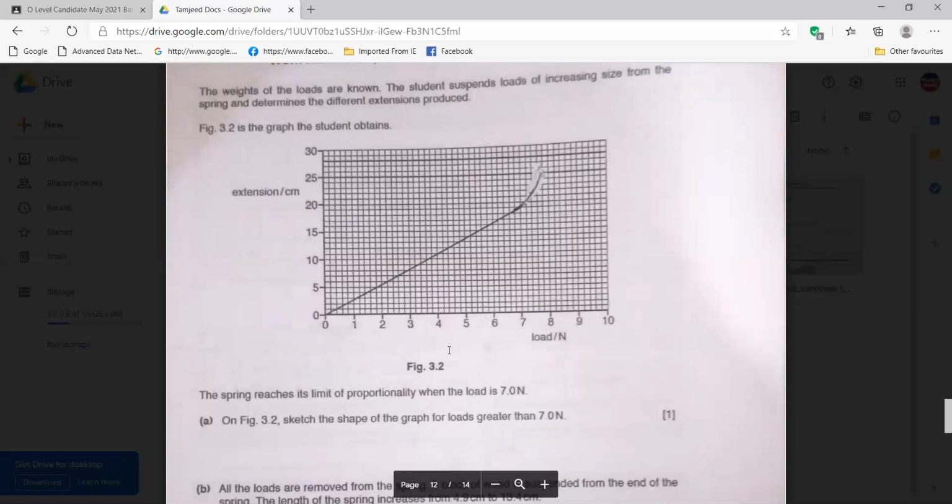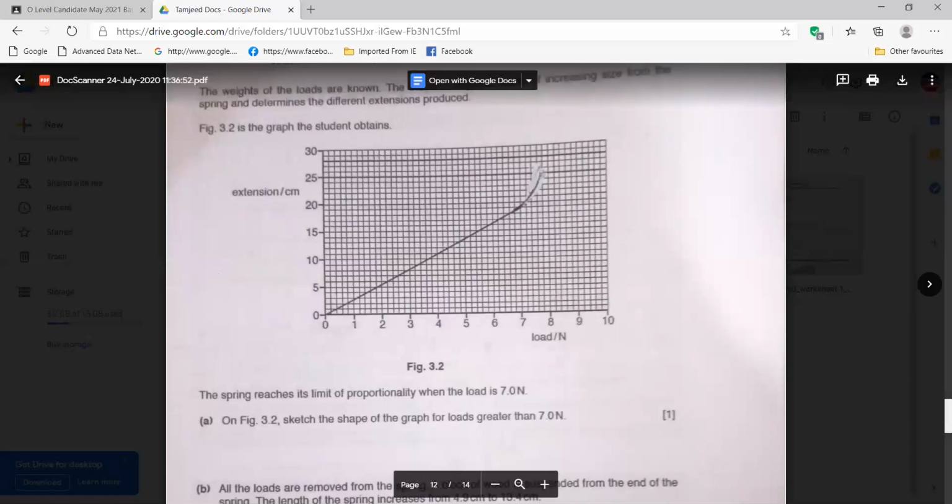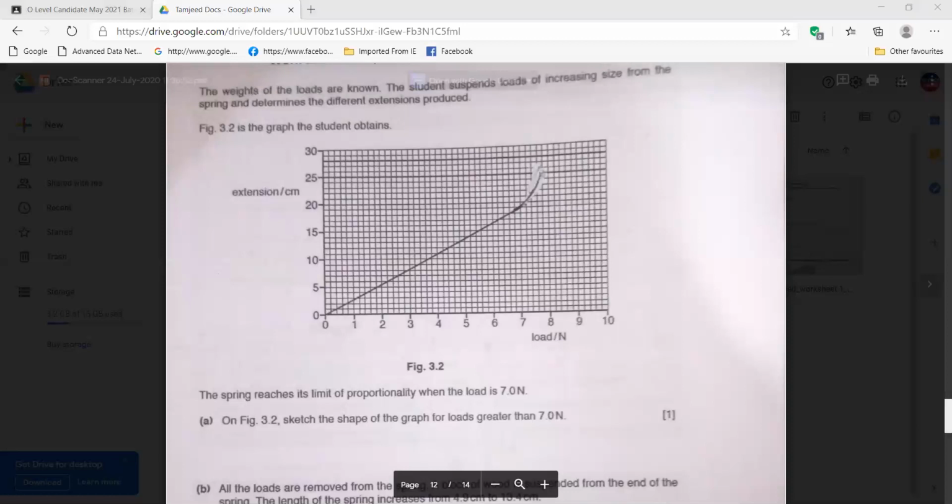Exactly, you get it. Then draw one straight line and get the load. Tell me what is the load. Sir, is it 3.1? Yes, 3.1 Newton.